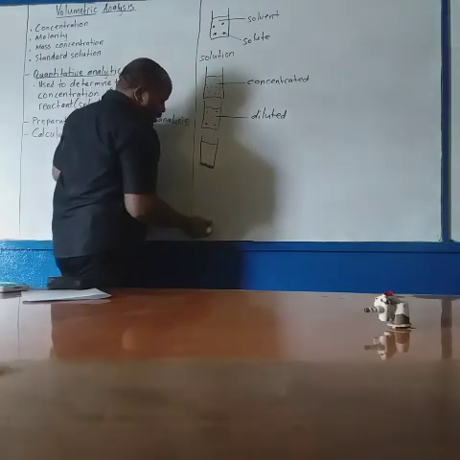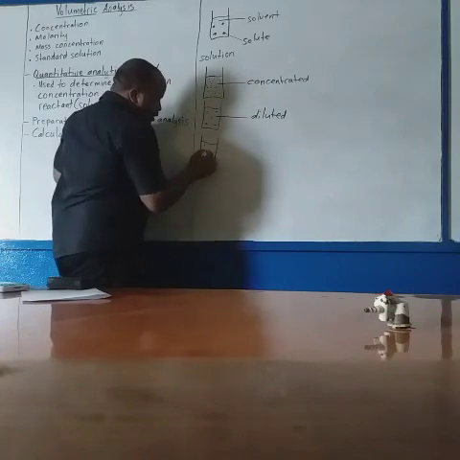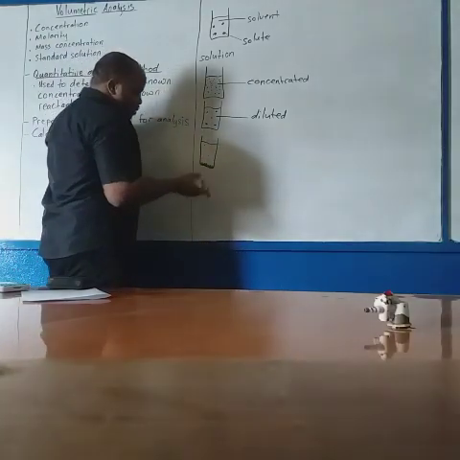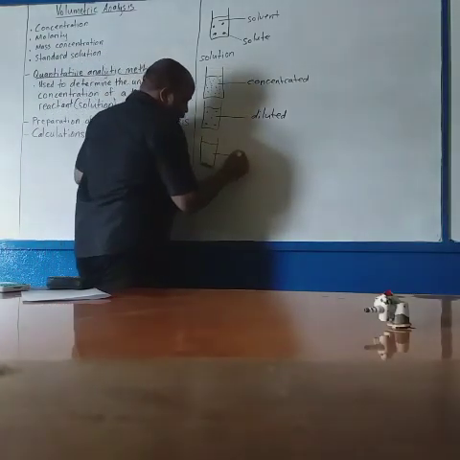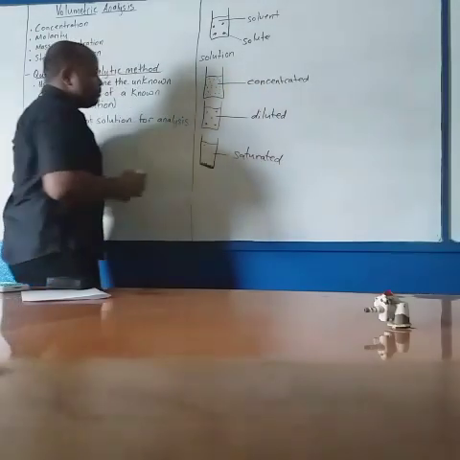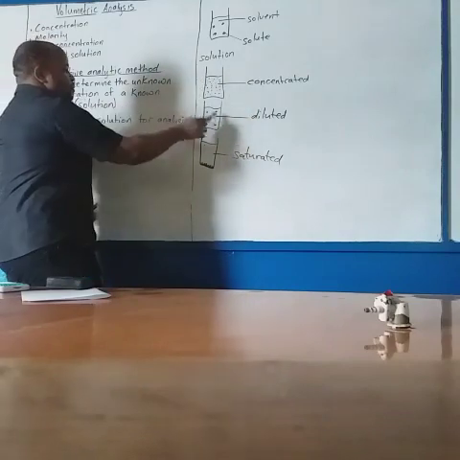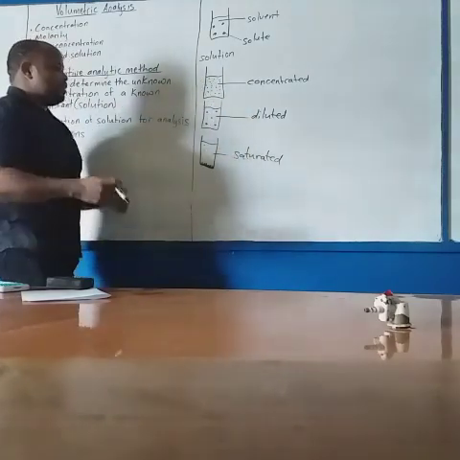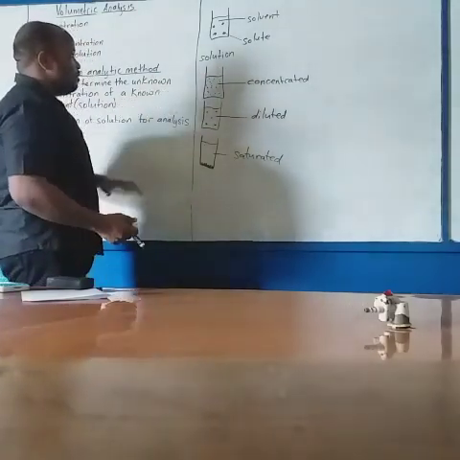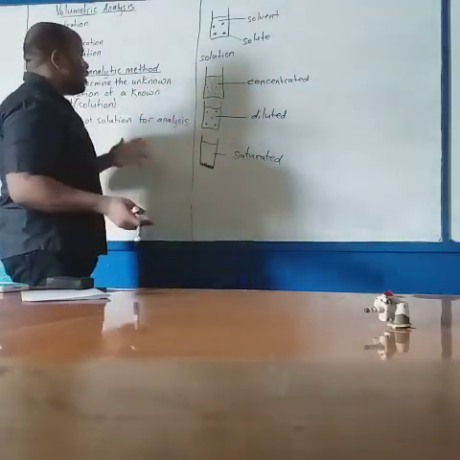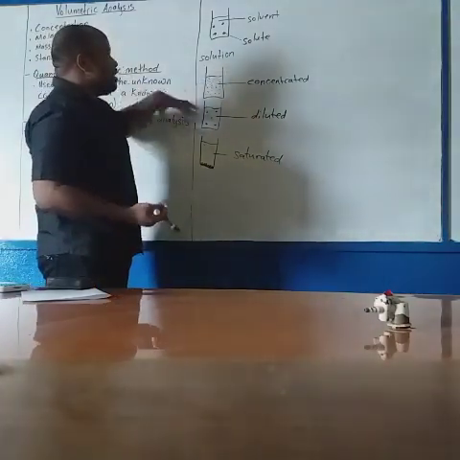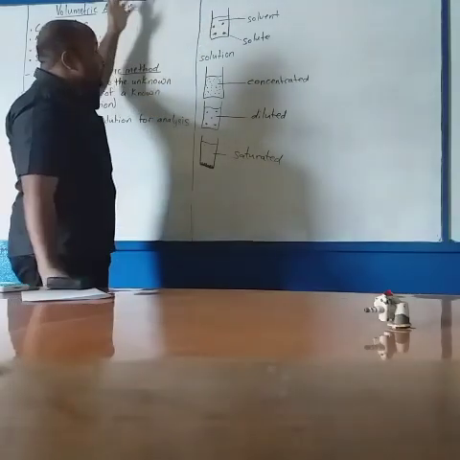So if you add enough solute that some of it will not dissolve, that solution is saturated. Good? But these two, concentrated and diluted, are what we are focusing on, where all the particles will actually dissolve. So when you make drinks or tea, that's basically a solution. You dissolve a solute in your solvent, which is water.